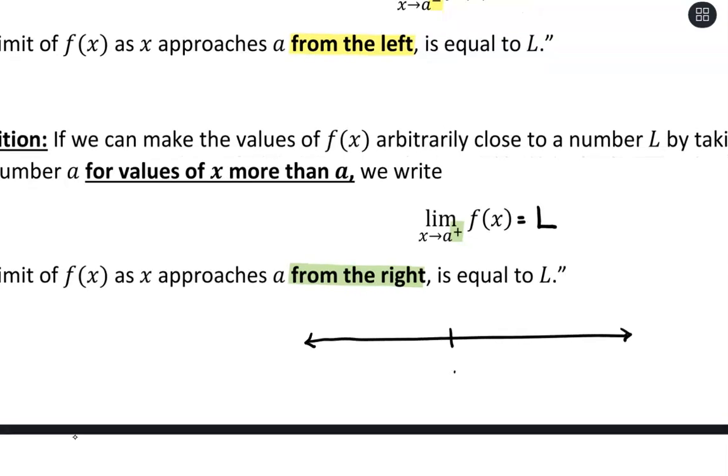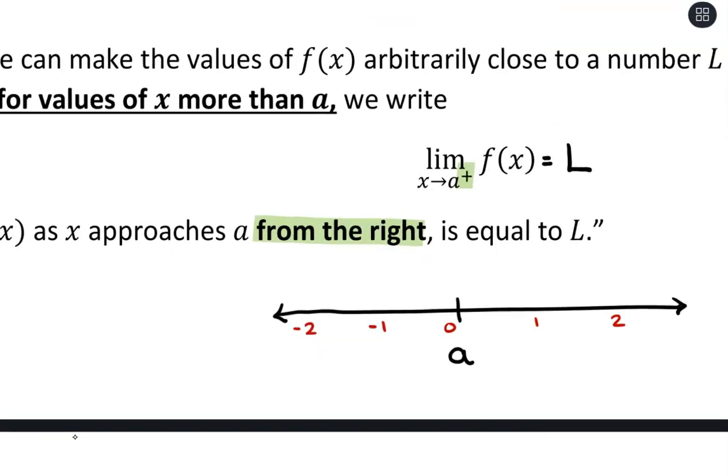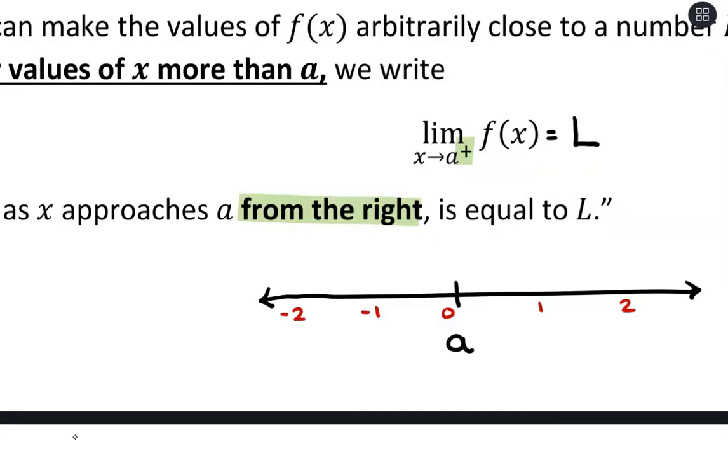and let's go ahead and put a there, and let's make sure our number line is always increasing from left to right. So let's say I had some negative numbers, -2, -1, 0, 1, 2, something like that. If I'm evaluating the left-sided limit, I'm grabbing values that are just below a, and I would be getting closer and closer to a from just to the left.